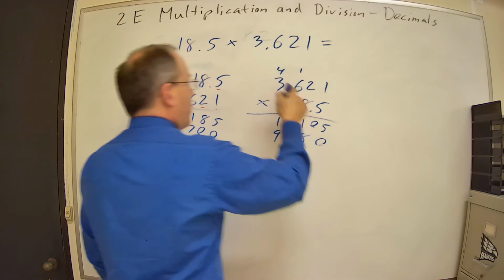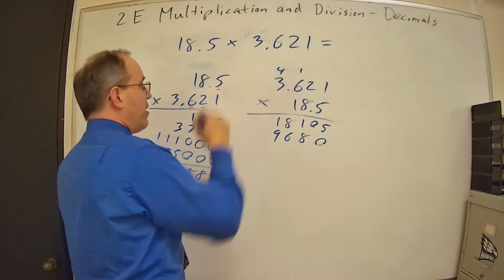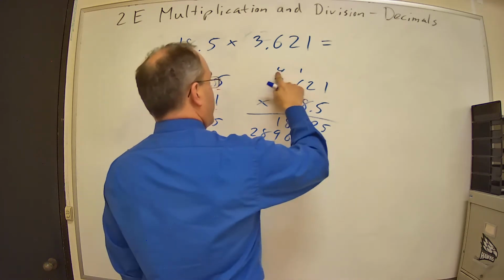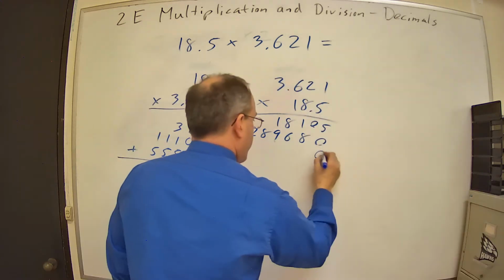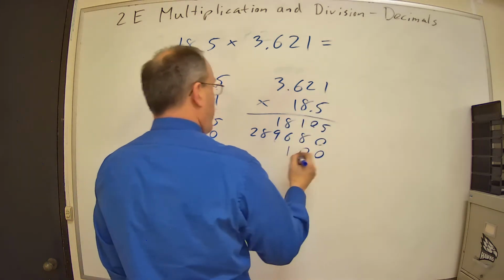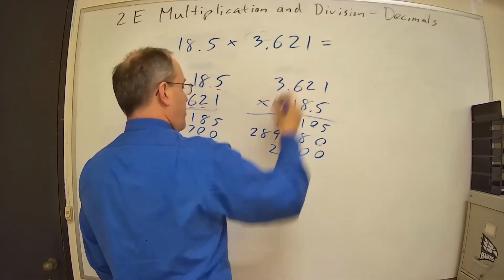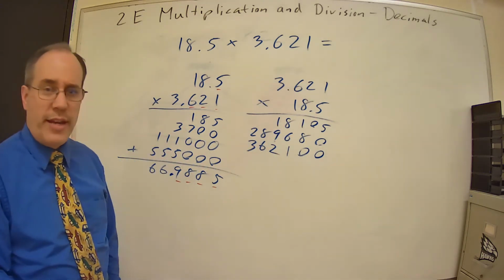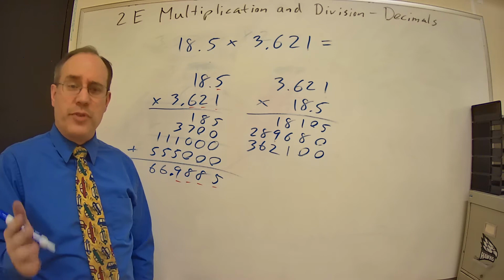Carry the 4. 8 times 3, 24, plus 4 is 28. Get rid of the carries. Move over 2 places, so now I'm lined up with the 1. 1 times 1 is 1, 1 times 2 is 2, 1 times 6 is 6, 1 times 3 is 3. And if you haven't realized by now, anytime you multiply a number by 1, you get that number back.